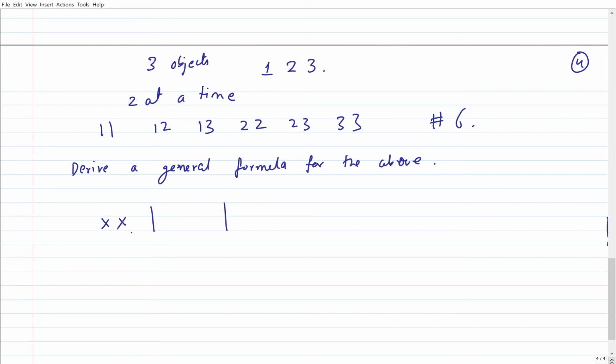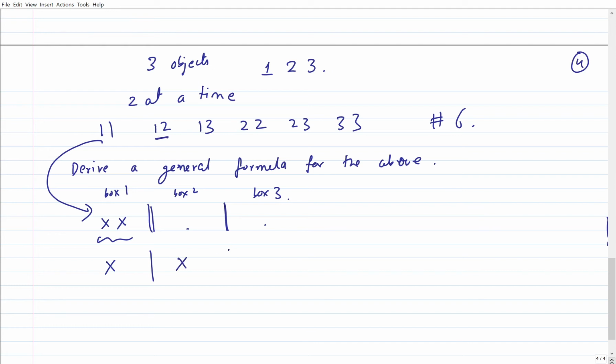So the first would correspond to this guy. I have xx of one type and these partitions, nothing here, nothing here. 1 2 would correspond to x in the one box. So this can be regarded as box 1, box 2, or box 3. And the idea is to place these x's in the boxes such that this corresponds to this particular mapping.